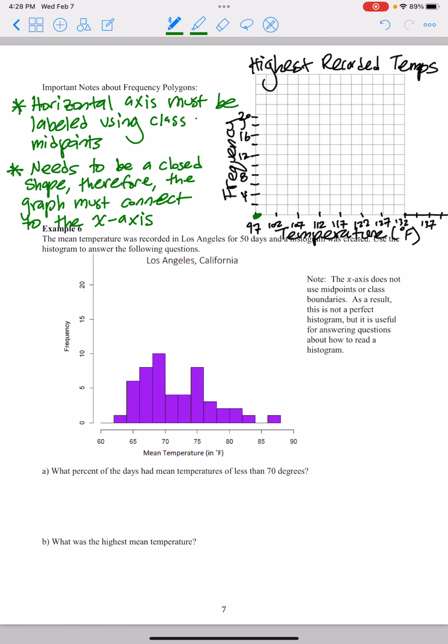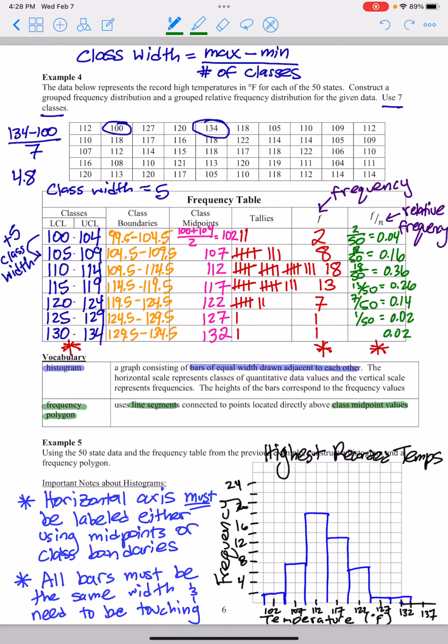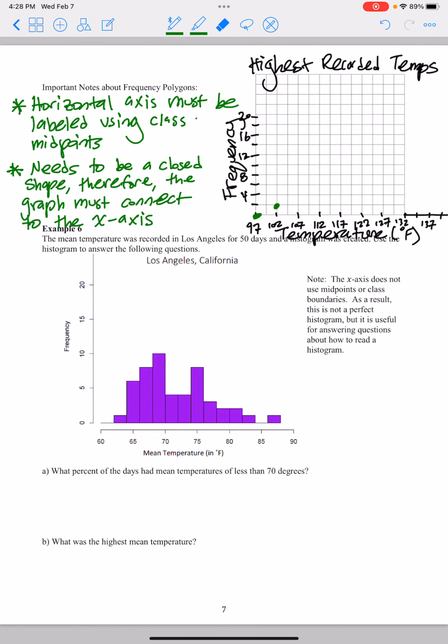So at 102, I'm going to go up to 2 and put a dot. 107, that second class, has 8 items. So I'm going to go up and put a dot at 8. And then the next one had 18.